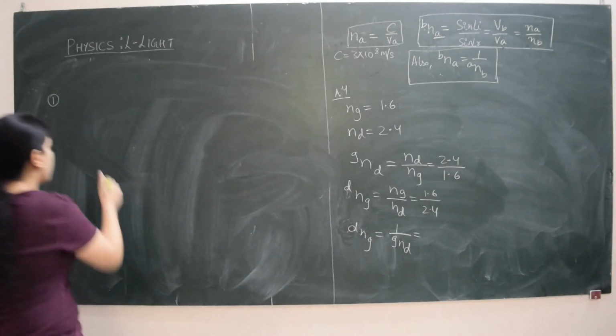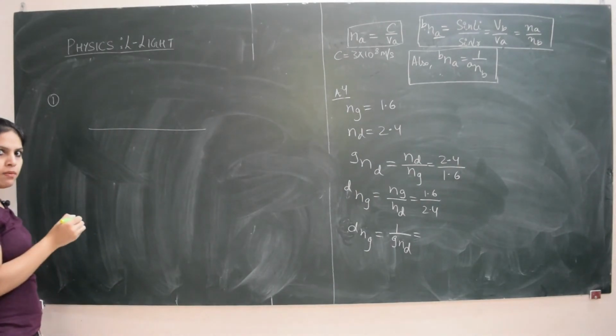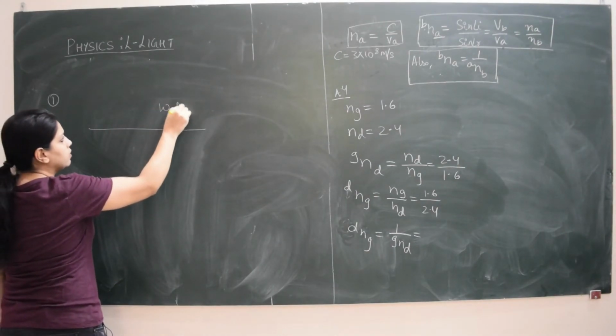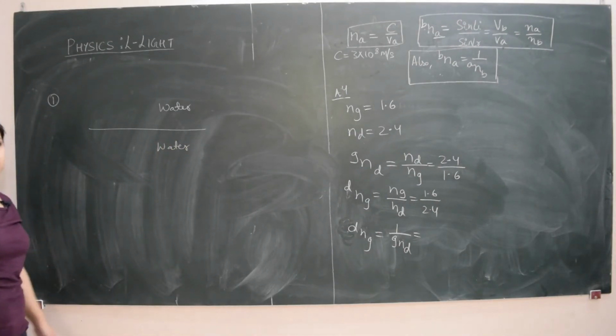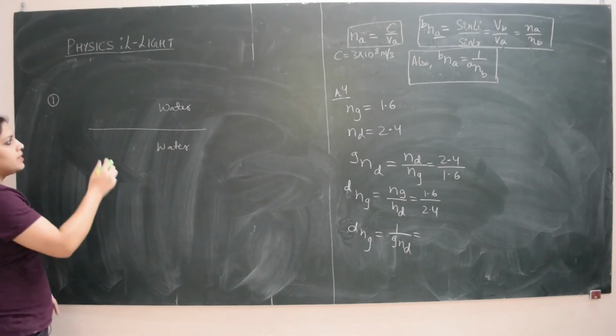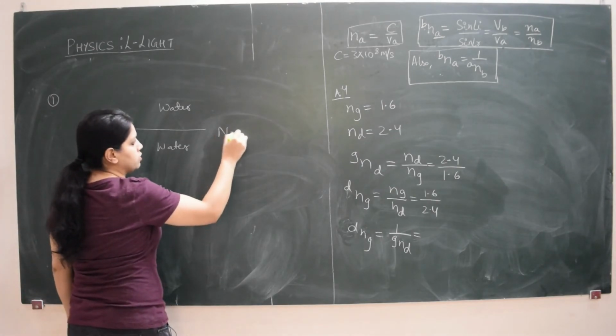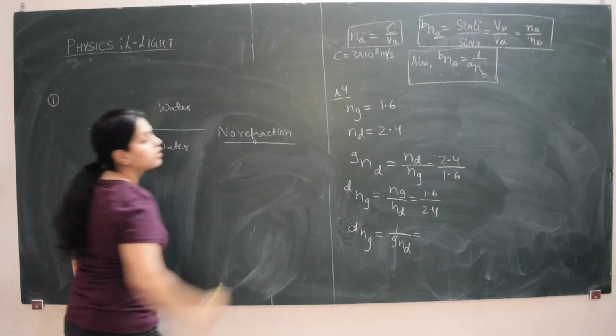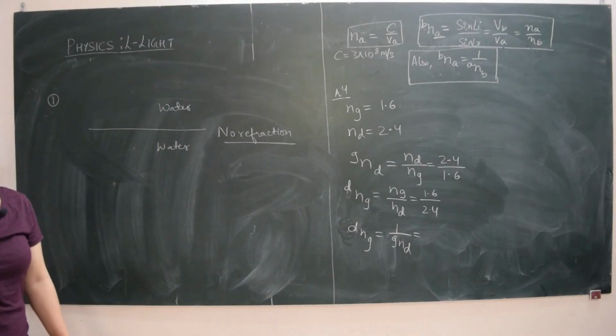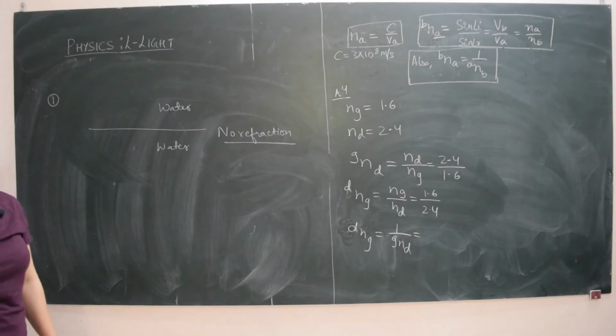Now suppose I have an interface, a boundary, but on both sides let us suppose I have the same medium. In this case, there will be no refraction because there is no change in the speed of light, and bending takes place because of a change in the speed of light.